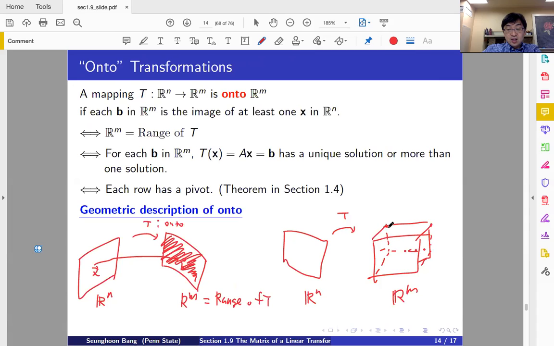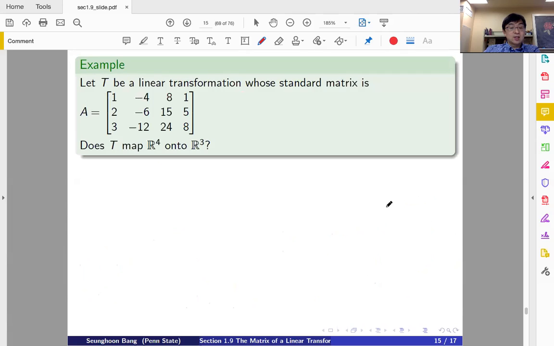The range is not the whole Rm, only some part of Rm, only this part. The range of T is not exactly the same as Rm. So what does it mean? T is not onto. This is the geometric meaning.